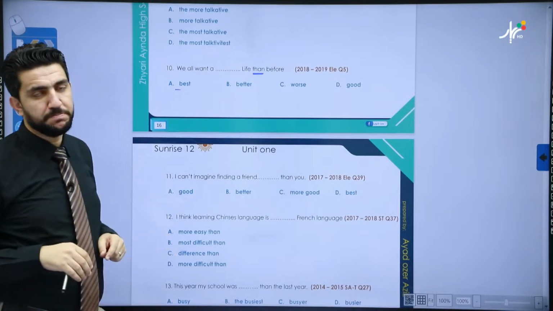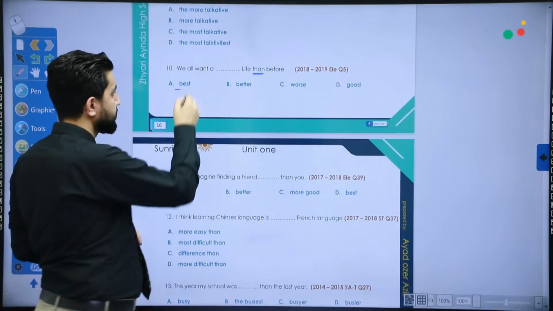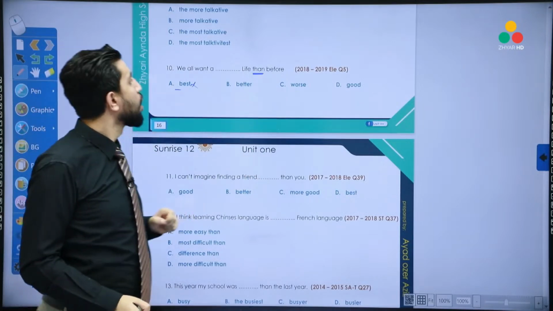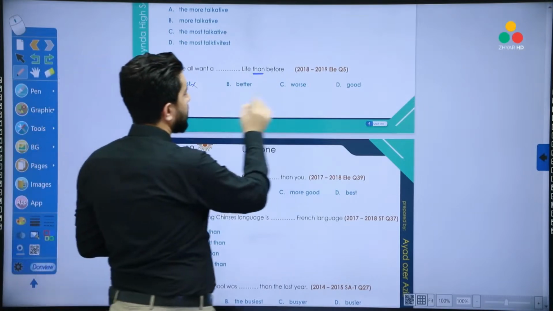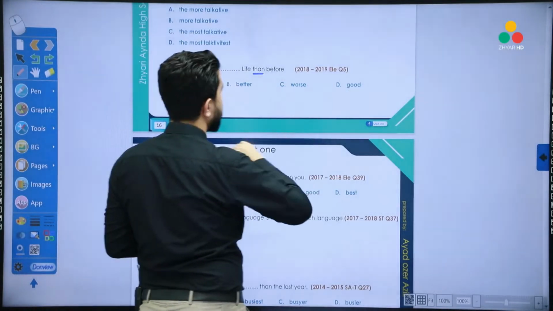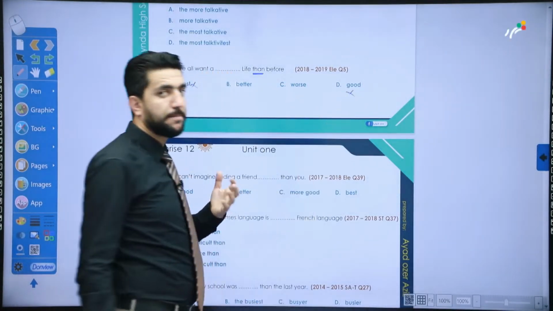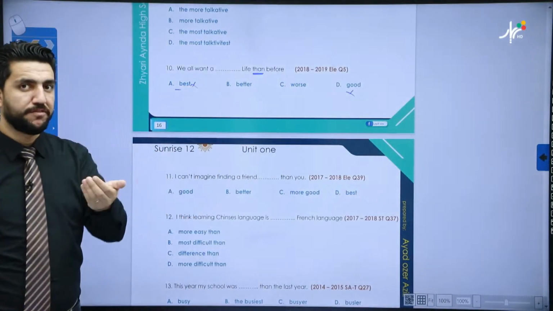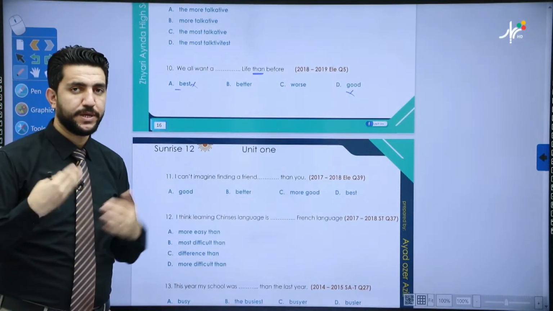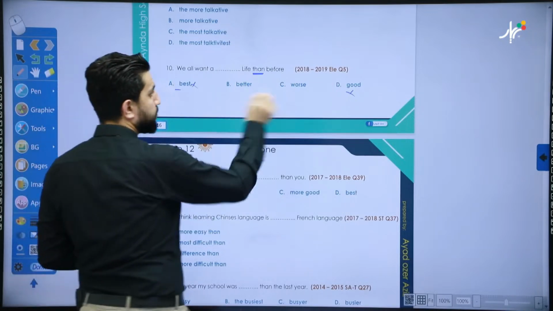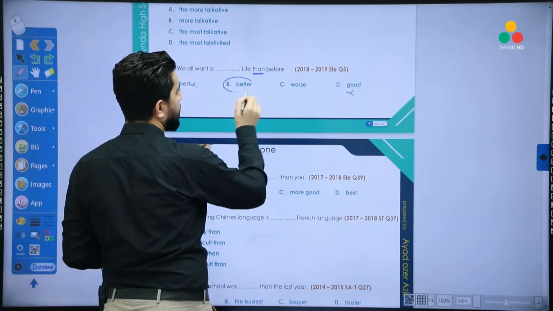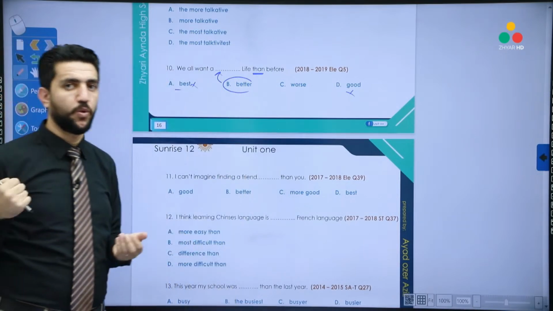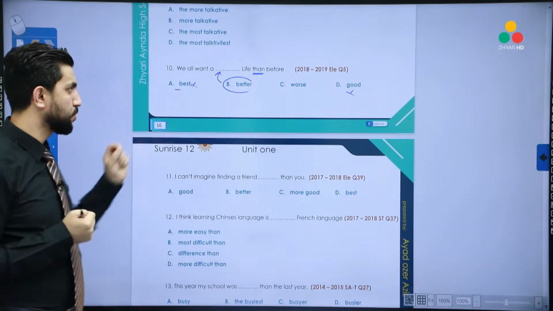We never say that in English. Better than, correct. Worse than, correct. Good than, that's wrong. So here it depends on the meaning. We all want a better life than before, not a worse life. Both of them are correct, but it depends on the meaning. Nobody needs a worse life than before. So be careful about this question as well.